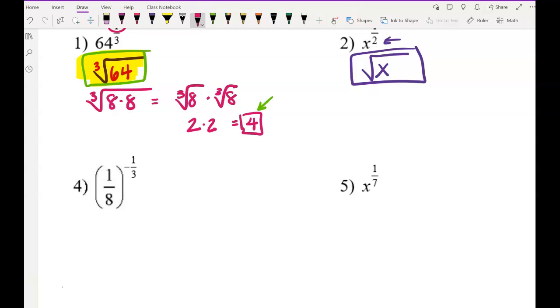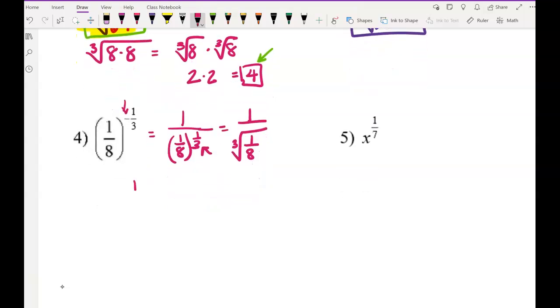1/8, guys, is your base, and then there's a negative. Okay, so negative power. So what that means is we're going to put 1 divided by 1/8 to the positive power 1/3. So make sure you guys listen to this really carefully, okay? And this is your index. So it's going to be 3 as your index, and 1/8 is on the inside.